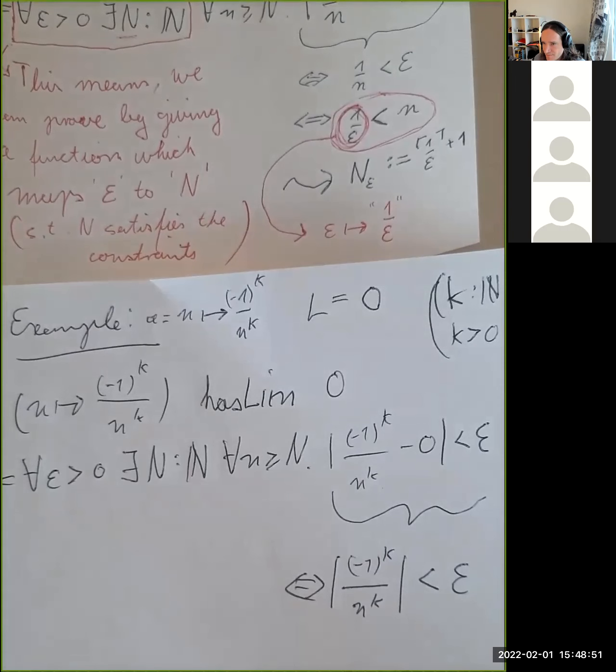So last time here, I just said I can forget about the absolute value because 1 over n is positive. So the same argument doesn't work anymore here.